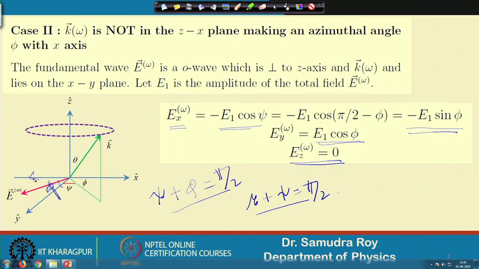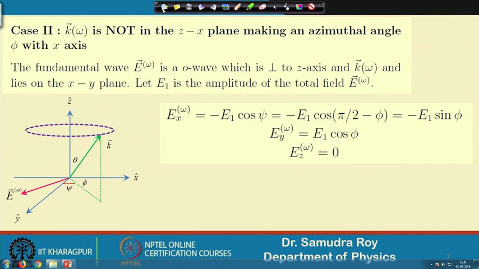The direction is negative, so that is why we write this component with a minus. If I am able to evaluate these three components, then the next step is to find the total matrix form.